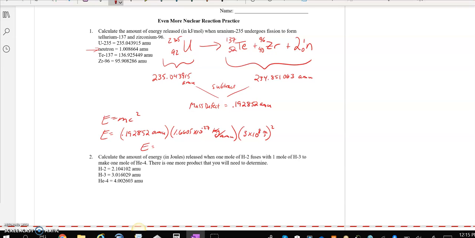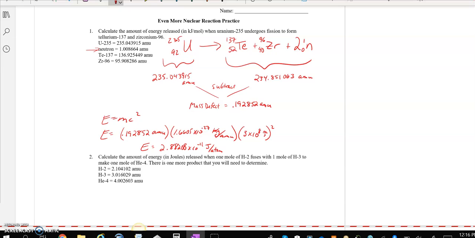The value comes out to 2.88208 times 10 to the minus 11th, and that would be in joules per atom of uranium.